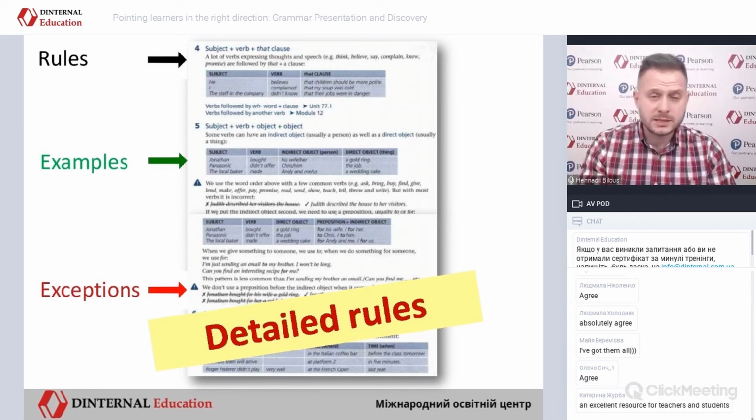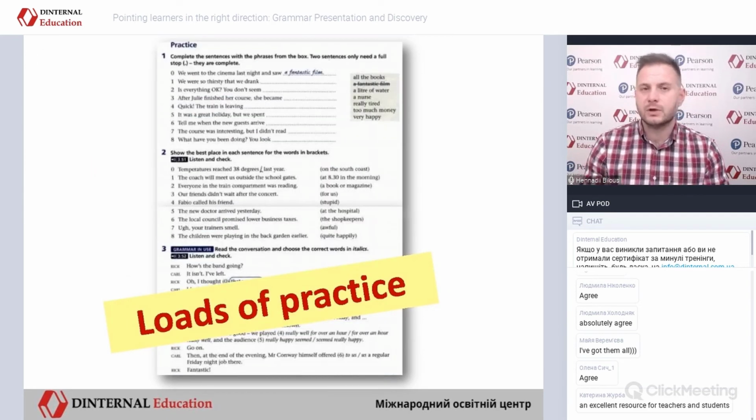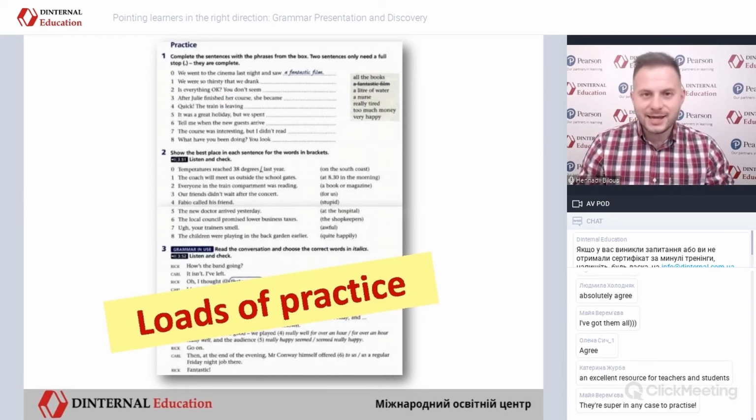At the same time, no theory, not a single rule or exception is going to skip your students, right? So there are rules, examples, exceptions. Everything is very visual for students to see and to navigate through the theoretical material of the book. And obviously, like any good book, it has loads of practice activities.